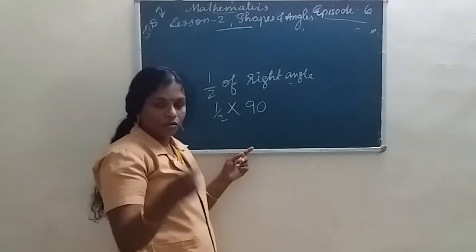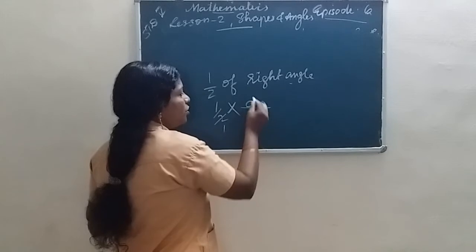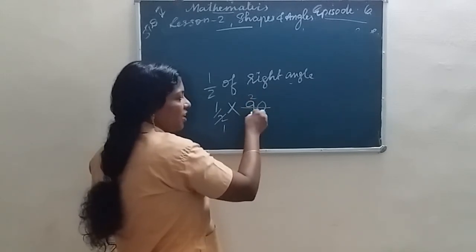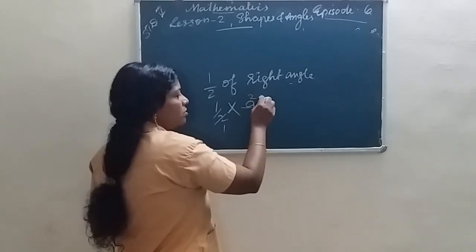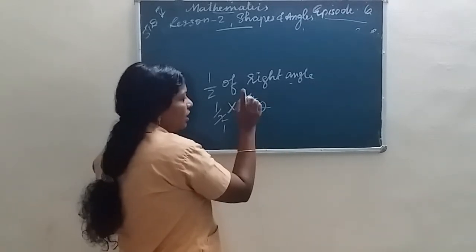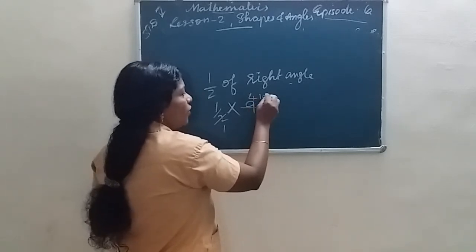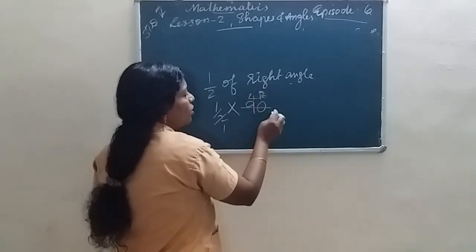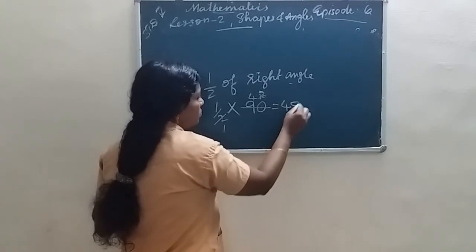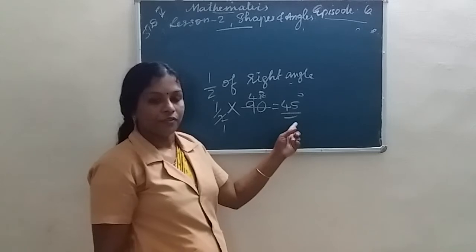How to find out? You know the cross multiplication. 2 2s are 4, 4 2s are 8, 5 2s are 10. So the answer is 45. So 1/2 of a right angle is 45 degree.